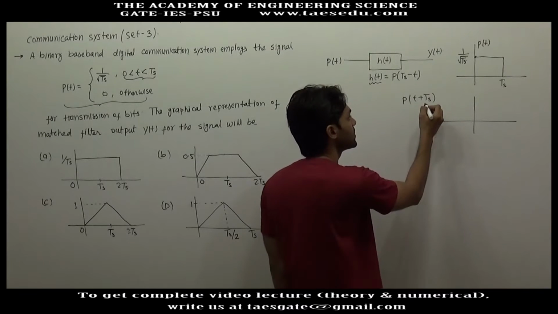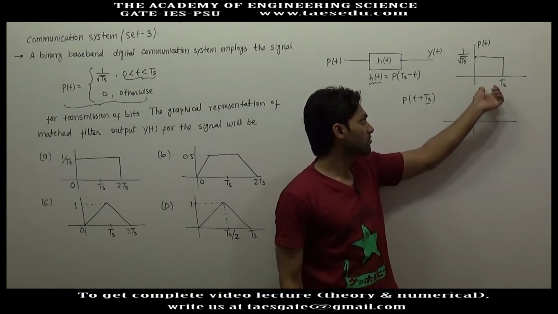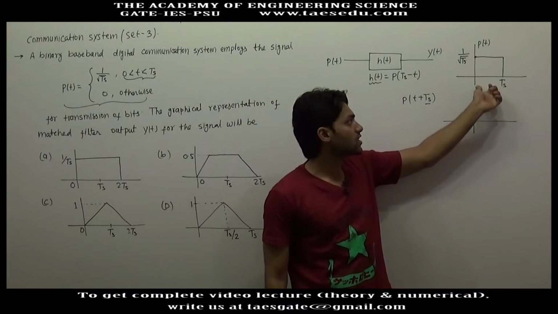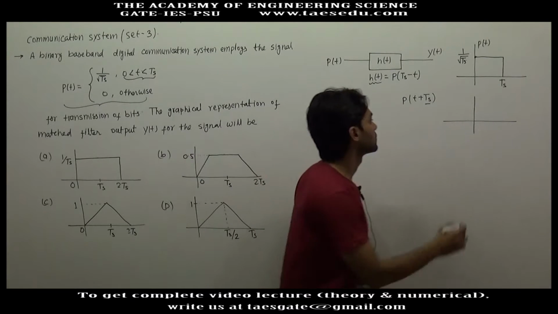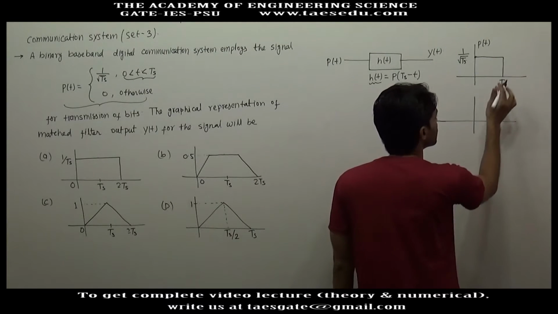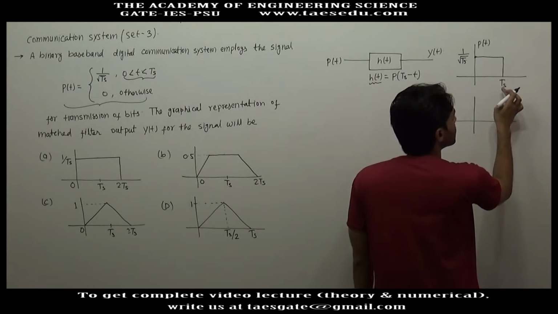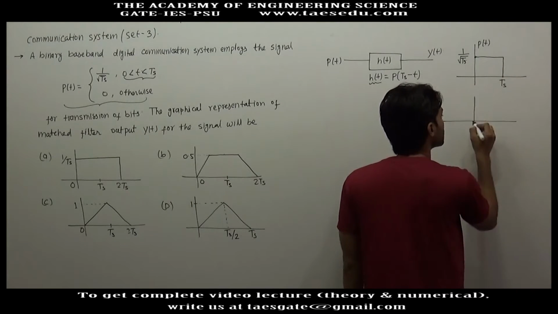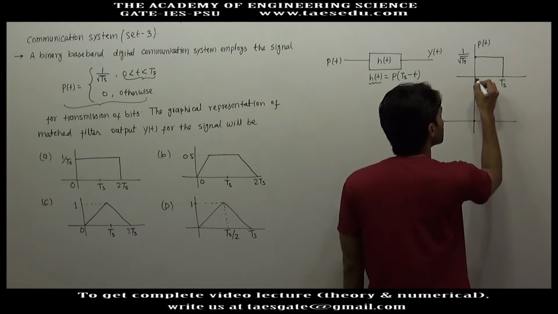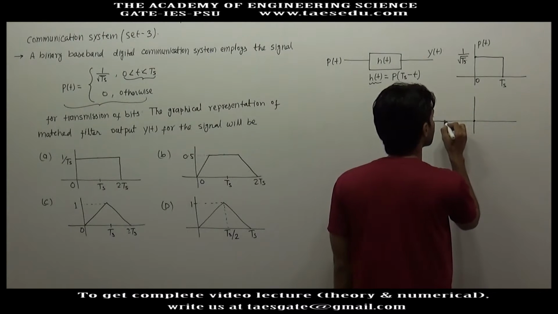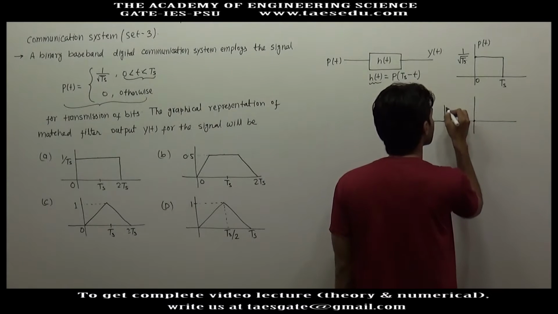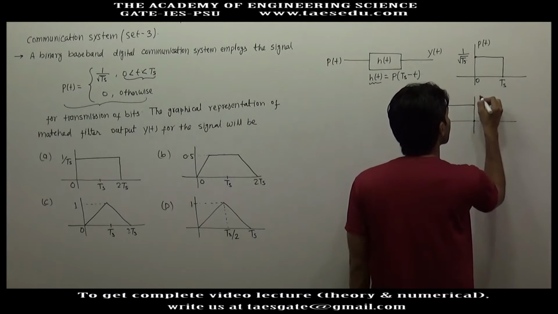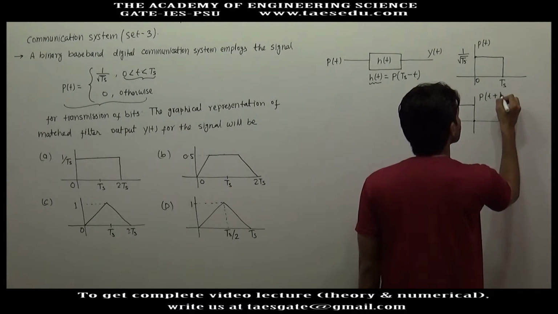Since we are adding Ts, we will shift this graph by Ts units to the left hand side. So if we shift this Ts units to the left, the point Ts will be at 0, and the point 0 will be at minus Ts. This is the graph of p(t + Ts).